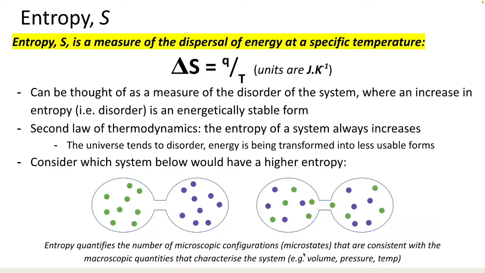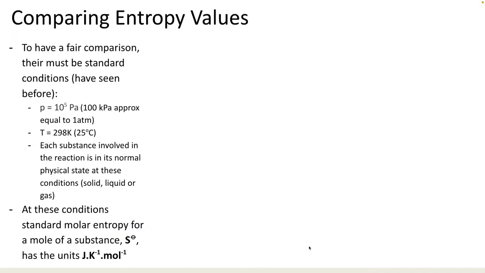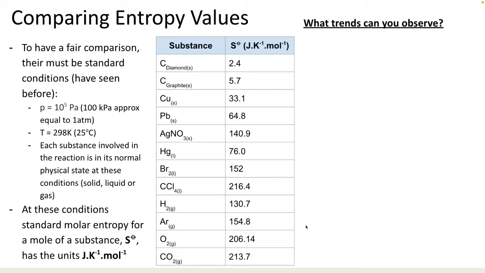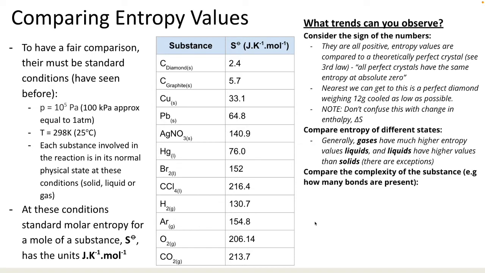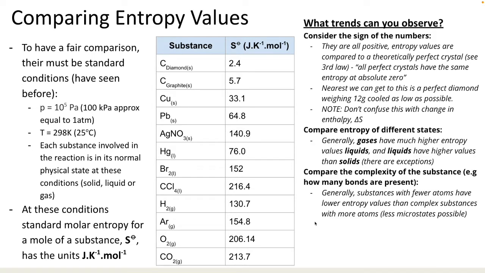So like I was saying earlier, we were thinking of that in terms of diffusion, but you can also think of that in terms of the energy that's stored in bonds. So the more bonds, the more possible microstates can exist. Therefore, the more outcomes, all that good stuff that we looked at last time with the probability and the statistics. But generally, substances with fewer atoms have lower entropy values than complex substances with more atoms.